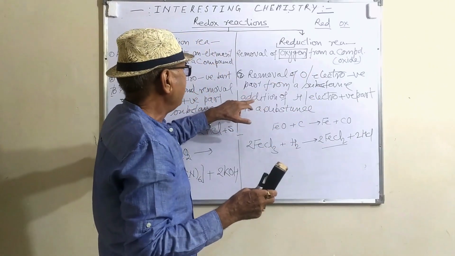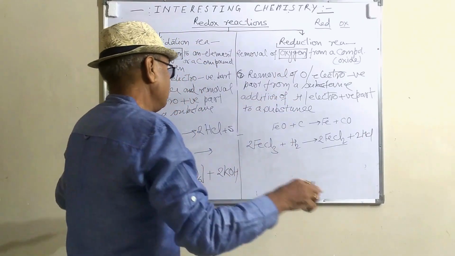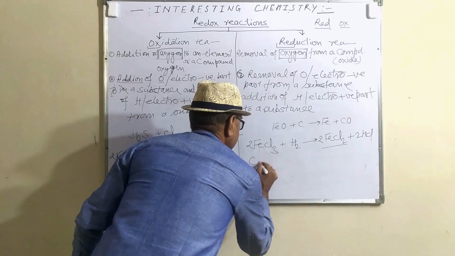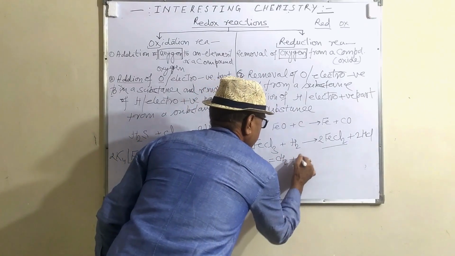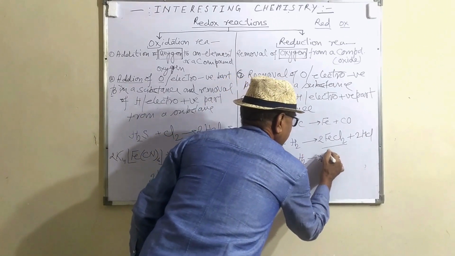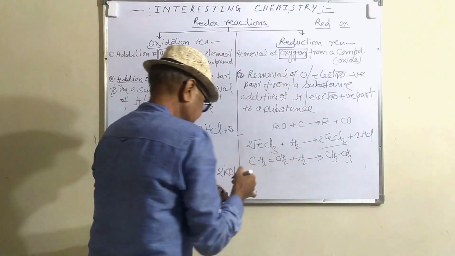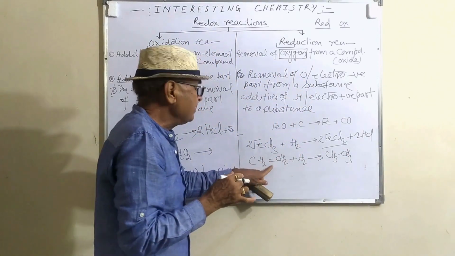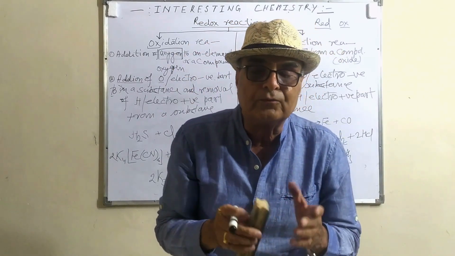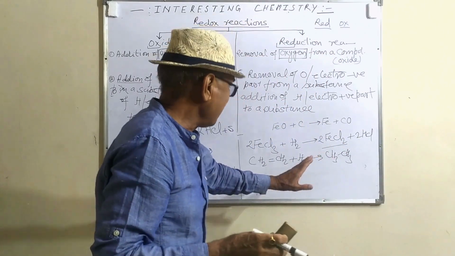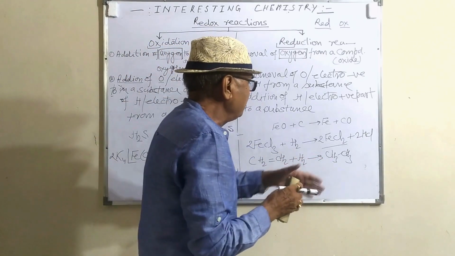Now addition of H. You will find the equation ethene or ethylene, CH2=CH2 plus H2, giving CH3-CH3. This is the example of a reduction reaction. When hydrogen is added to ethylene, ethane will be formed.